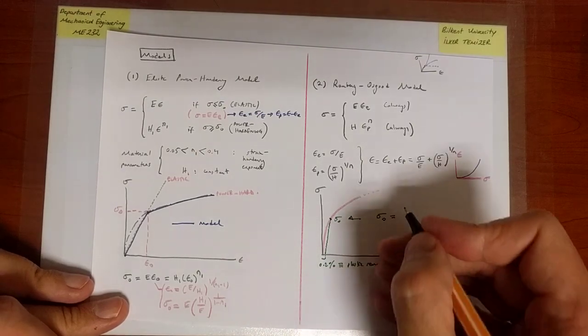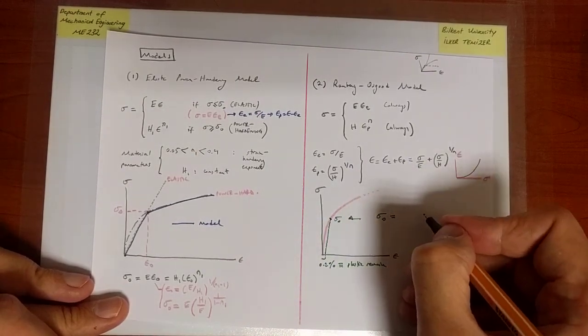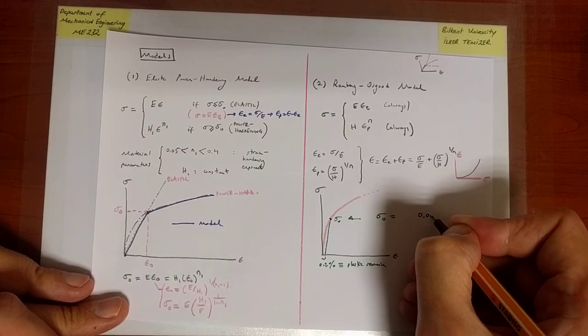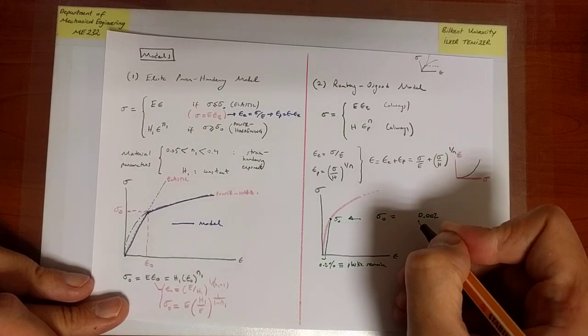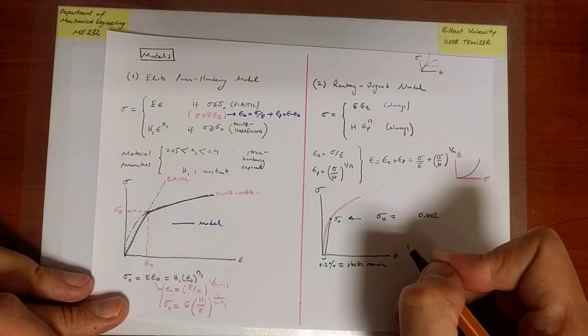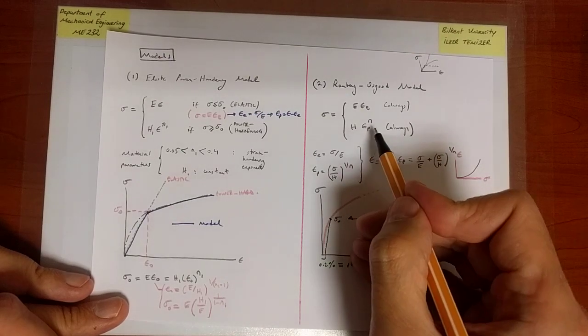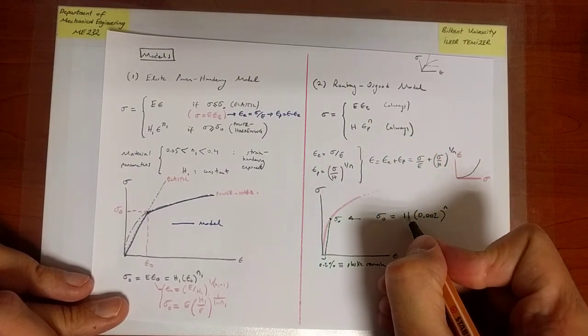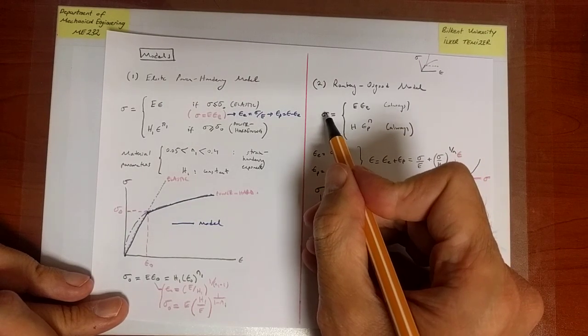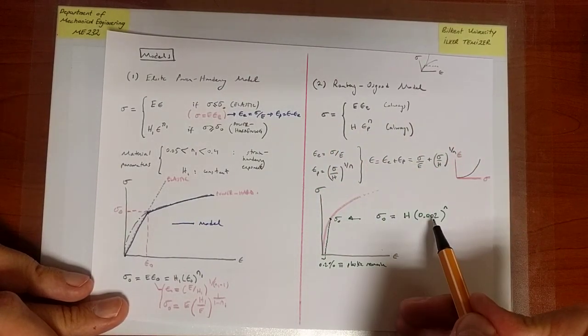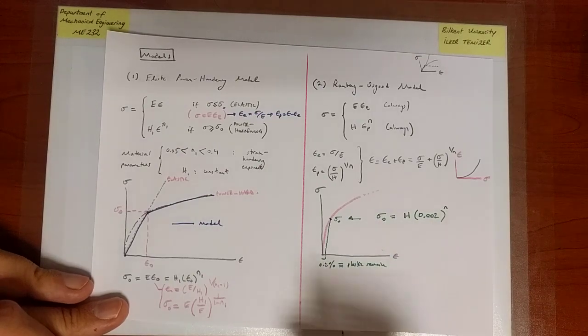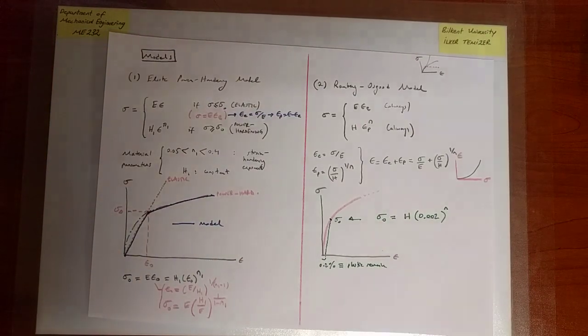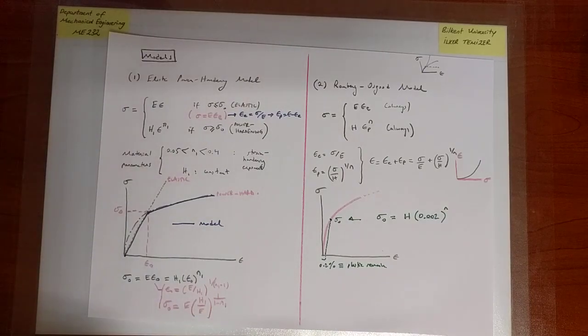And therefore, the plastic strain at that point is 0.002. That's what we have to input here, not percent, but the actual value. And when it is raised to a power n and multiplied by h, it should deliver me the stress, and that stress, as defined through the 0.2% method, is the yield strength of the material. So that's how you find the yield strength.